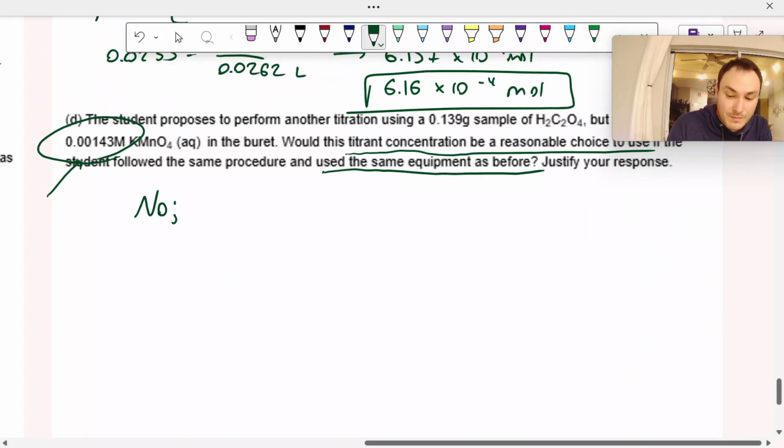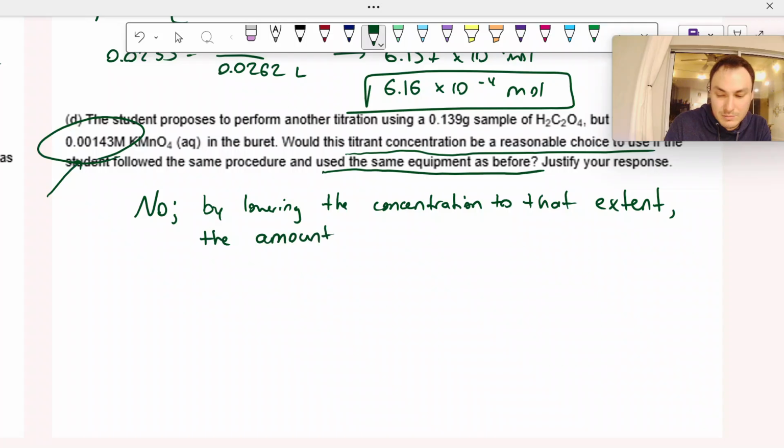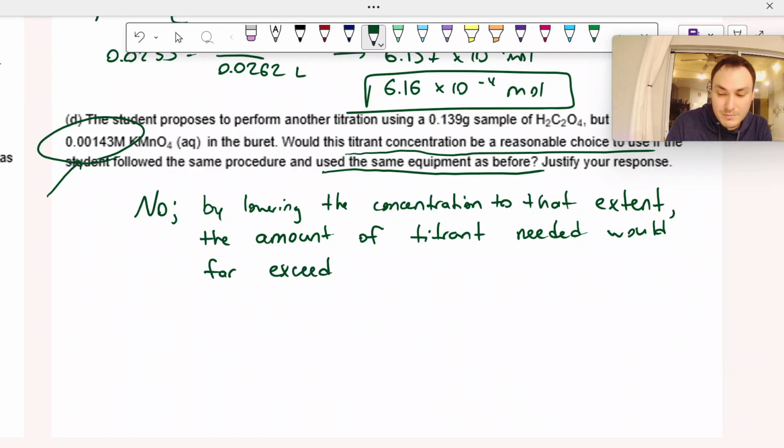But I'm just going to say no, by lowering the concentration to that extent, the amount of titrant needed would far exceed the capacity of the burette.